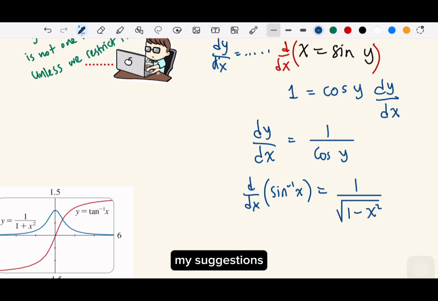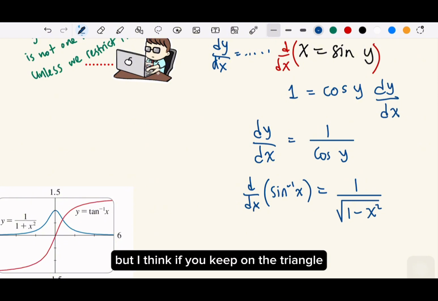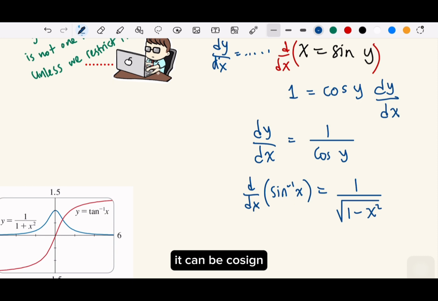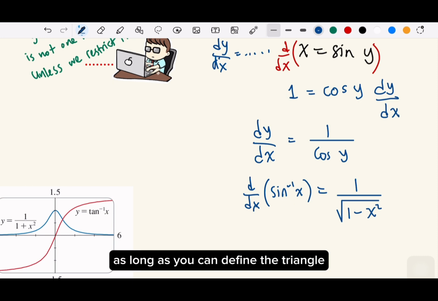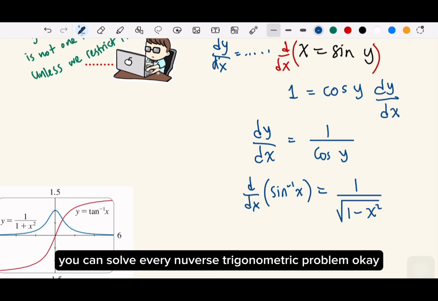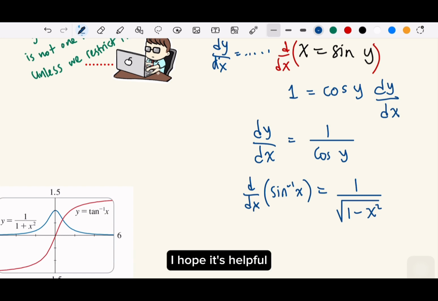My suggestion is not to memorize this, though it's good if you do. But if you keep to the triangle, every time you see a different question but the same inverse trigonometry, you can try the triangle. It can be tangent, it can be cosine. As long as you can define the triangle, you can solve every inverse trigonometry problem. I hope it's helpful.